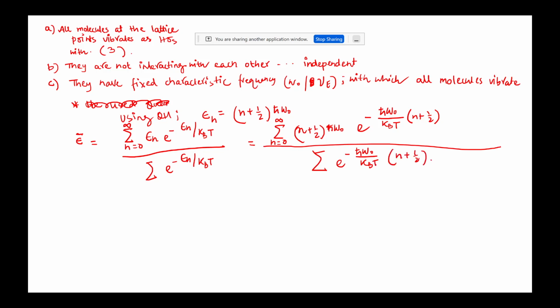Now how can I write it in terms of a different thing? The h cross omega naught can be taken out because it is constant.